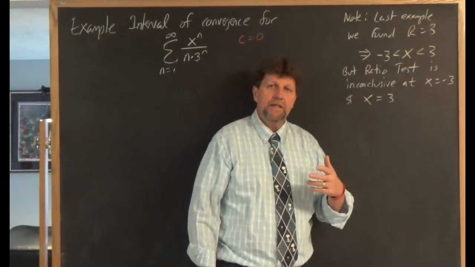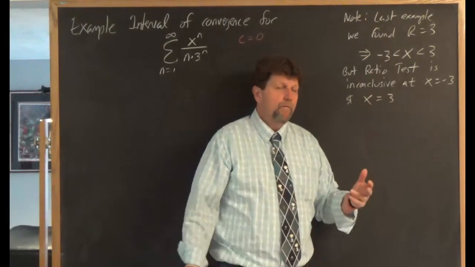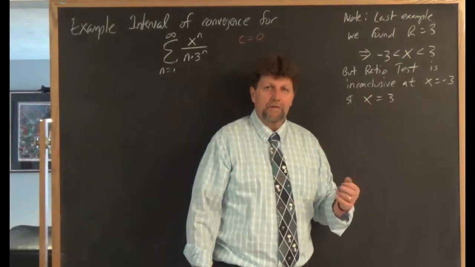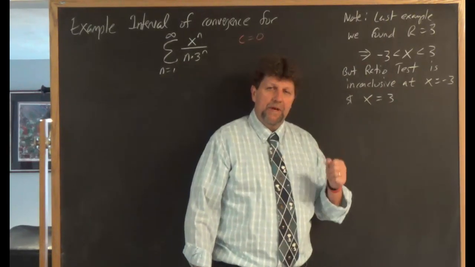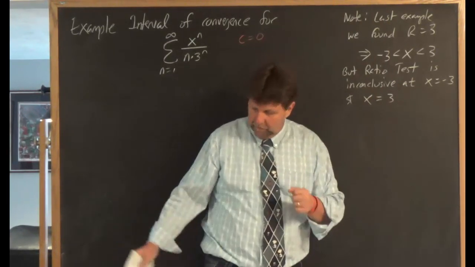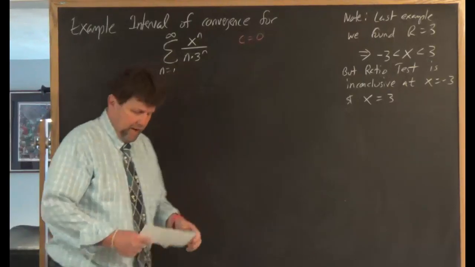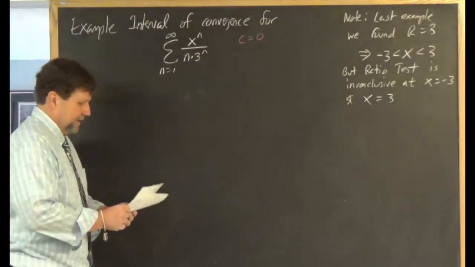And our ratio test says inconclusive if p is equal to 1. But we need to determine the interval of convergence. And this is what you have to do. This is the process.